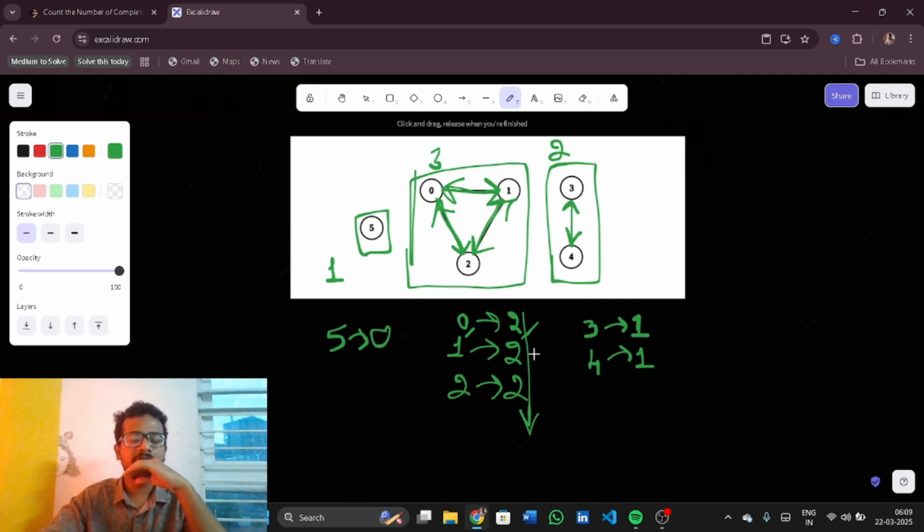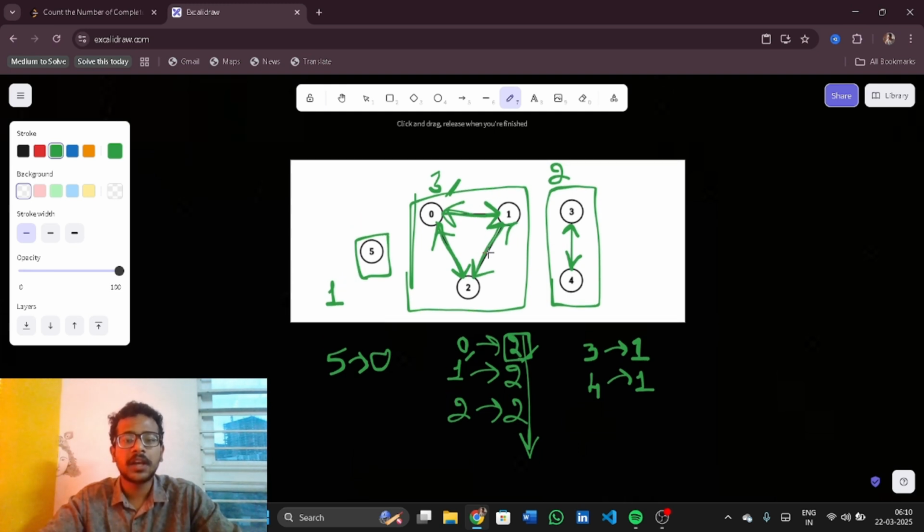But if you see, 3 is the number of vertices we have, and 2 is the count of all the other vertices that need to be connected. It is a simple logic: if you need a complete graph, every vertex should be connected with all the other vertices. If I am removing one vertex, what is the number of vertices that this vertex should be connected with?